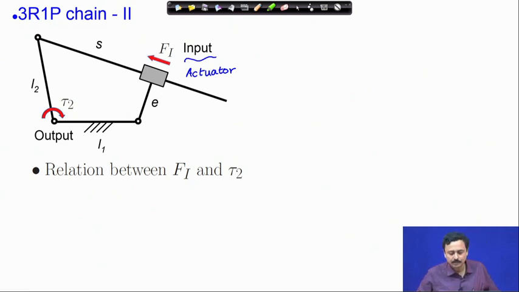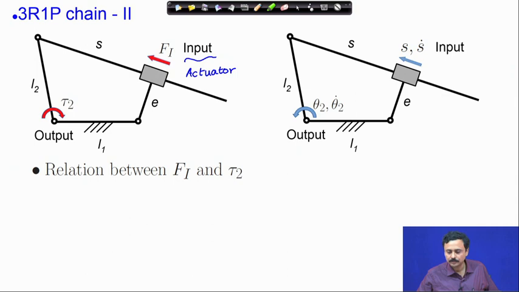So, you have to find out a relation between the input force at the actuator and the output torque tau 2. Now, the motion relation: at the input, because of the actuator force, we considered that this link moves out at a rate s dot. That is the expansion rate of the actuator, and theta 2 dot, which is the rotation of this link, is counterclockwise.